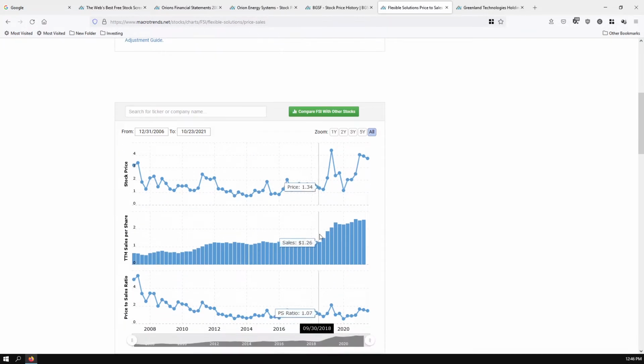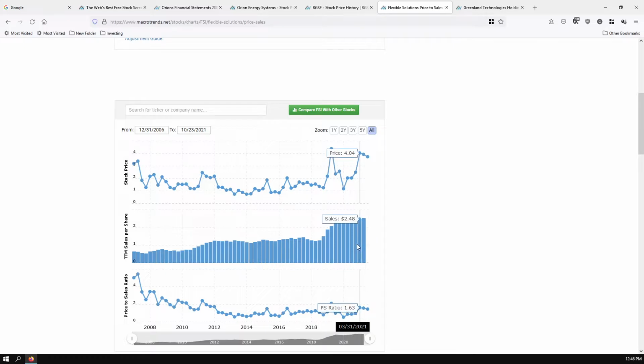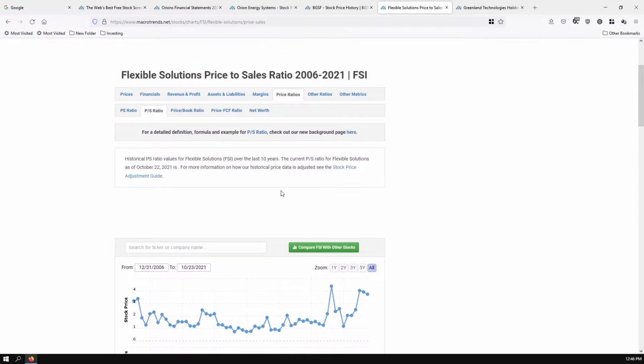The PS ratio is a bit high, but if you remember, their net margins were 3 times what Orion's was. So taking that into account, the PS ratio makes more sense being above 1.